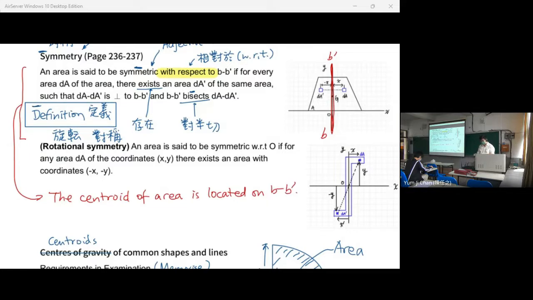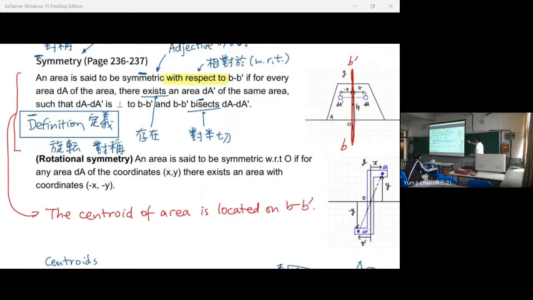Okay. So if we know the line of symmetry is B and B prime, then the centroid of area is located on B and B prime.